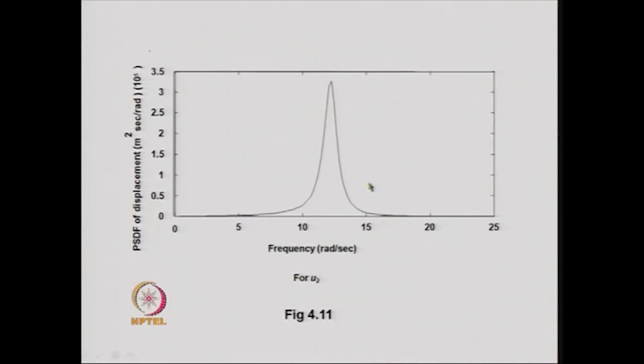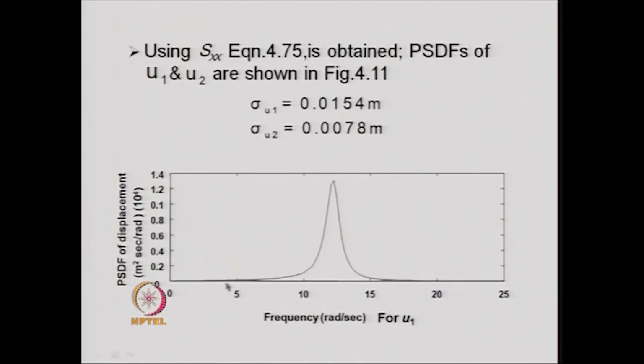This is the power spectral density function of the displacement u2. The areas under the curves of the power spectral density functions of u1 and u2 provide the variance, and the square root of variance gives the standard deviation of the displacement, and in case of a zero mean process, the standard deviation is equal to the root mean square value.